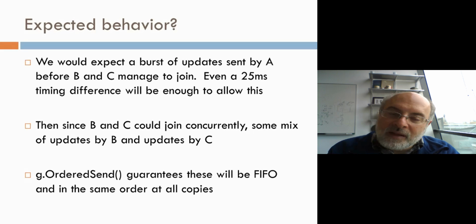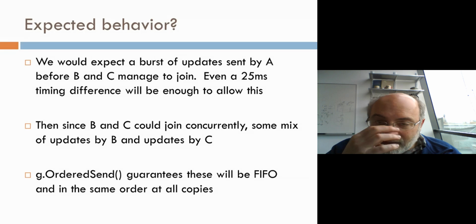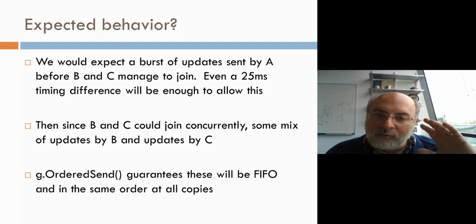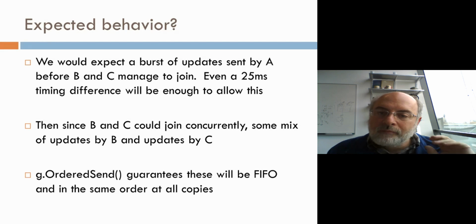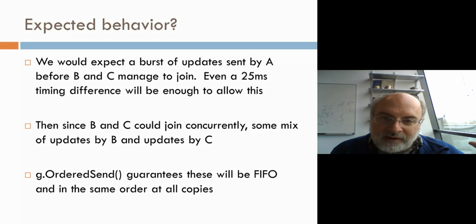Then you're going to see B and C join basically concurrently, and you'll probably get a mix of multicasts from B and C. So what you would expect to see, because ordered send preserves FIFO-ness, is that when you look closely at the execution, you're going to get a series of updates from the rank 0 member, probably all finished unless you do a whole lot of multicasts.